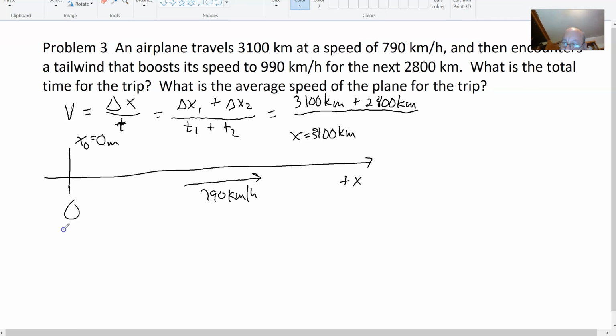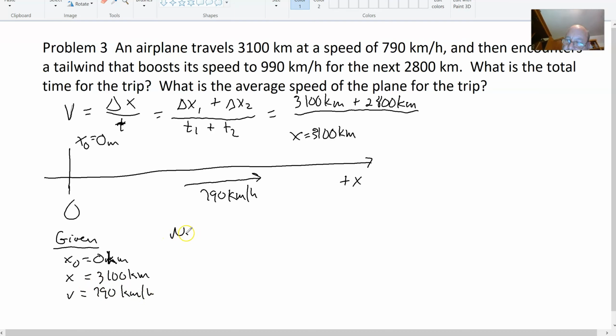So our given information is just 3 pieces of information. We have an x0 of 0 kilometers, an x of 3,100 kilometers, and I should make that kilometers, not meters, for the 0 too, shouldn't I? And then we have a velocity of 790 kilometers per hour.